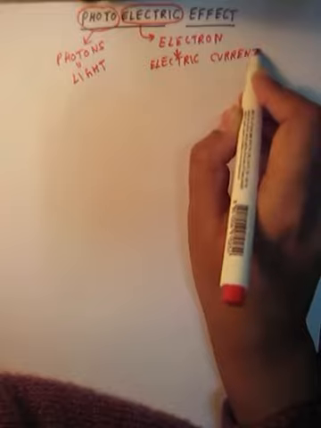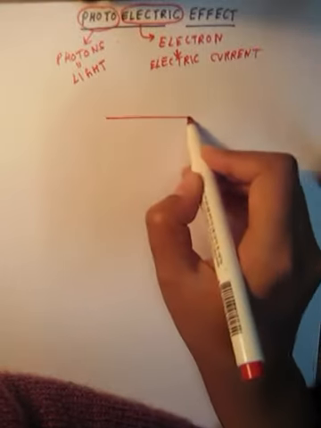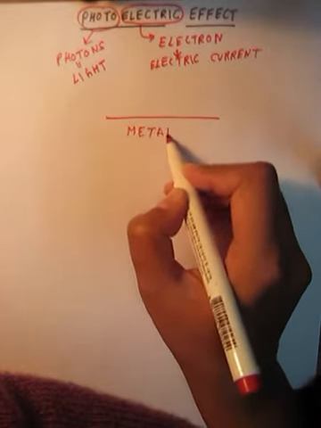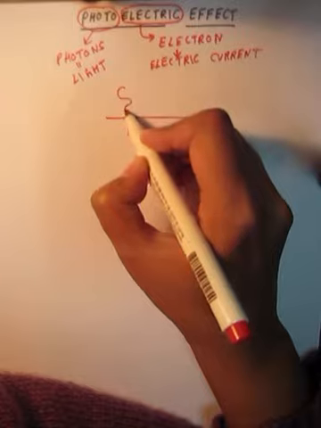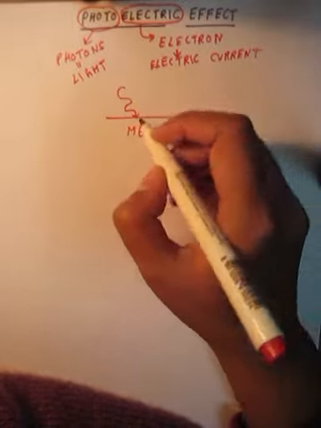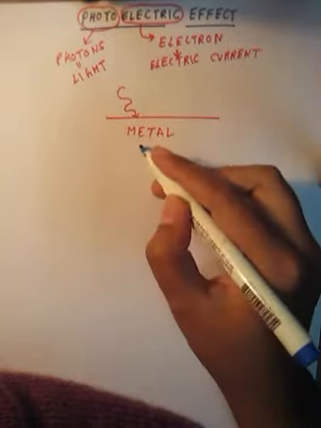So this term itself says that when photons fall on a material, so let's say if this is any metal and some light is falling on this metal, and it has such a high energy that, because you know what is a metal?